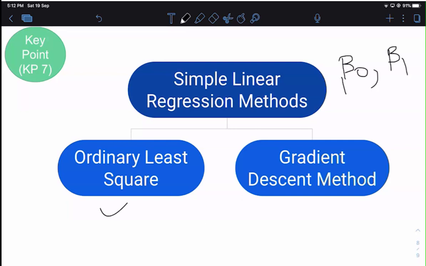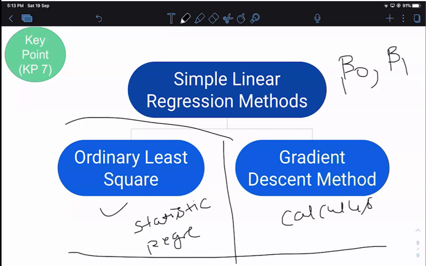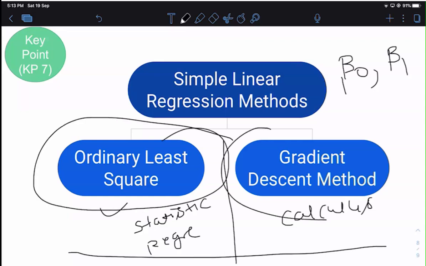One is called ordinary least squares, which is based upon the statistical method called regression analysis, and the other method used is called gradient descent, which is based upon calculus, differentiation and integral calculus. So these are the two basic methods commonly used to estimate the values of beta 0 and beta 1. So thank you.